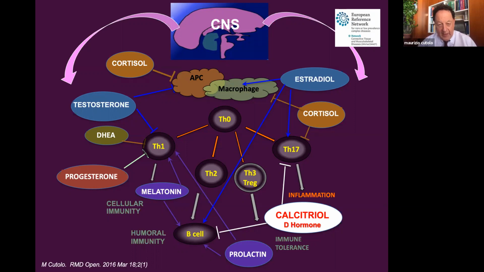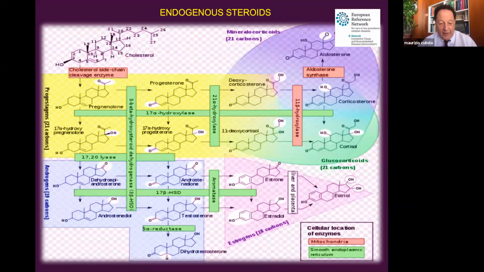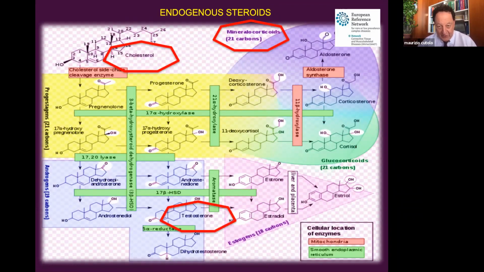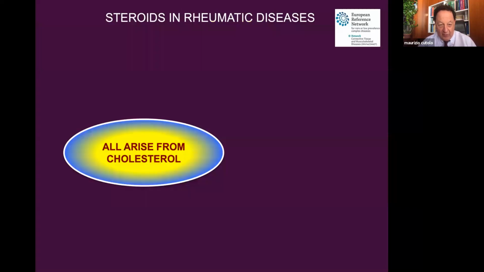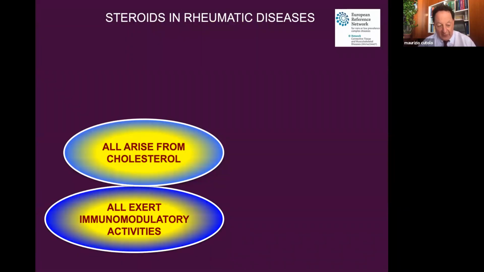So it's a real and true hormone, the so-called vitamin D. If we look very fast at the synthesis, you see on the top left the cholesterol and all the different passages during the metabolic activities of our endocrine glands, producing mineralocorticoids, hormones like testosterone, estrogens, glucocorticoids, and finally the hormone vitamin D. So all the steroid hormones arise from cholesterol.